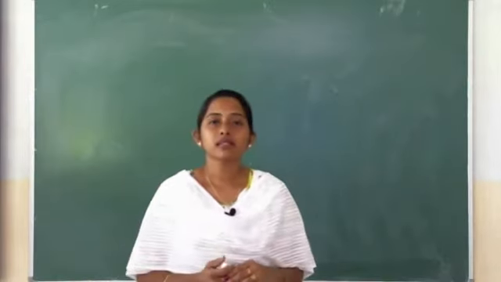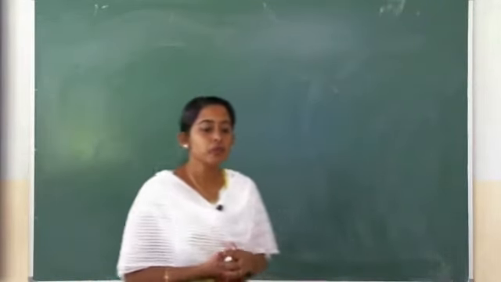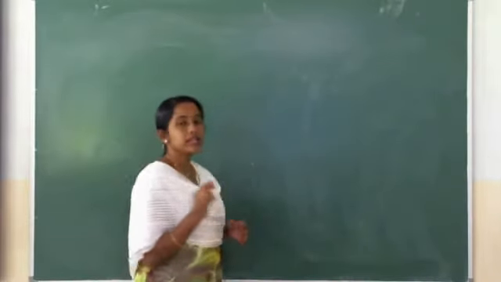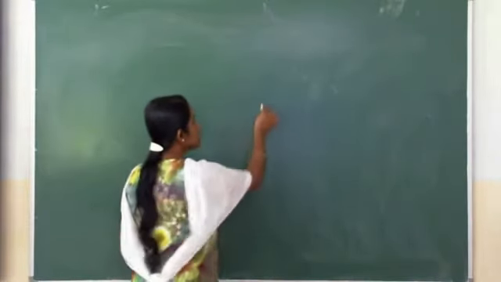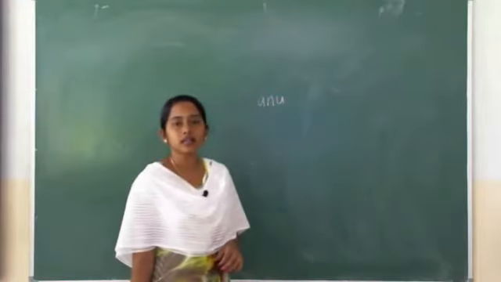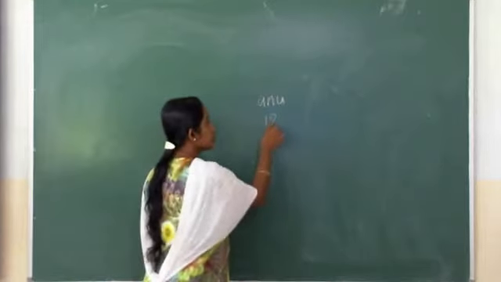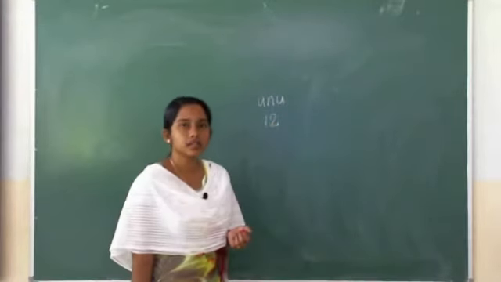So different types of data are available. If I just want to write a name, Anu, it's a data, isn't it? If I give a particular value, this is also data.